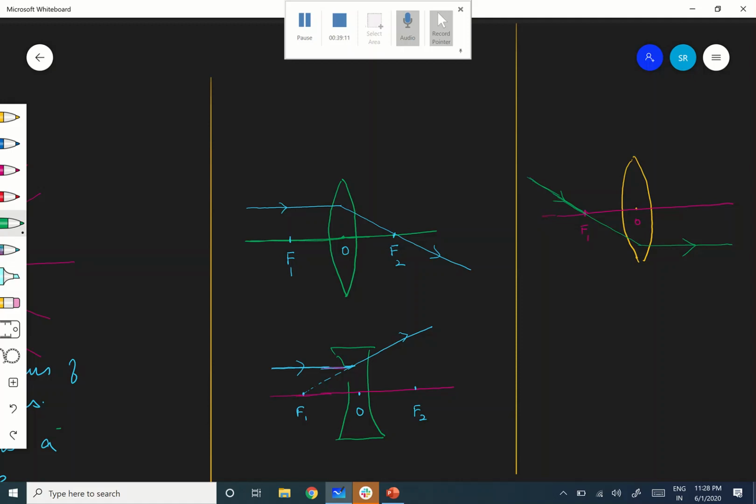Are you following? Very important. In the first case, the parallel rays after refraction pass through the focus. The next is just the opposite: if the incident ray passes through a focus, after refraction it will be parallel to the principal axis.